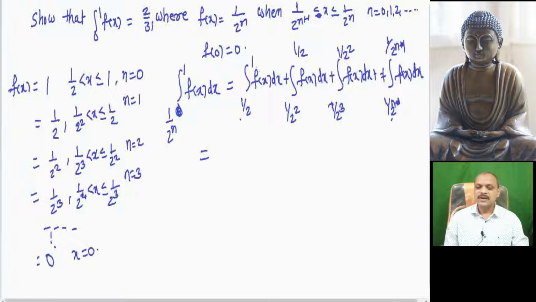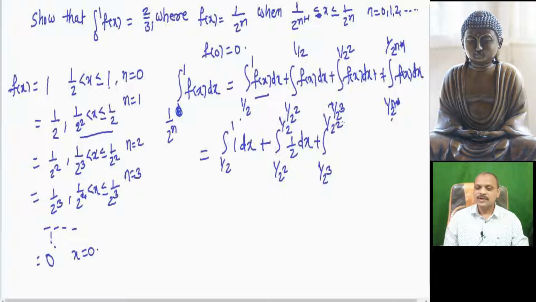Now see, for the integral from 1 divided by 2 to 1, the value of this function is 1, so this is 1 into dx, plus the integral from 1 by 2 square to 1 by 2 of 1 by 2 into dx, plus in the next interval we have 1 divided by 2 raised to 3 to 1 divided by 2 square of 1 by 2 square into dx, plus the integral from 1 divided by 2 raised to n to 1 divided by 2 raised to n minus 1.